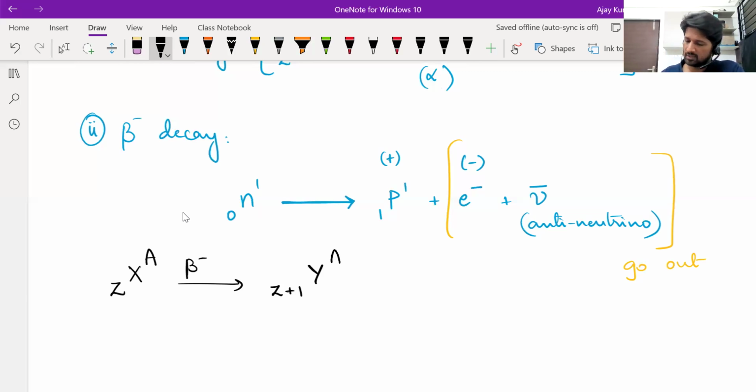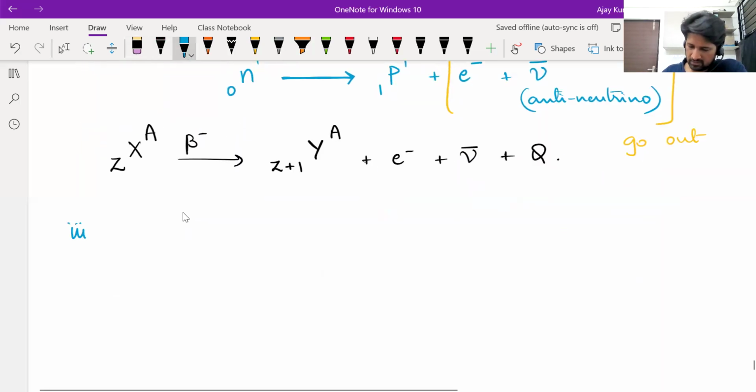So the mass number remains the same. The newly created proton stays inside the nucleus. So atomic number increases, mass number stays the same. And along with that, an electron and an antineutrino are produced. Obviously, some energy will be released. This is what happens in a beta minus decay.